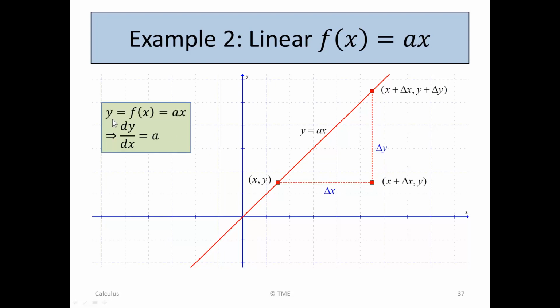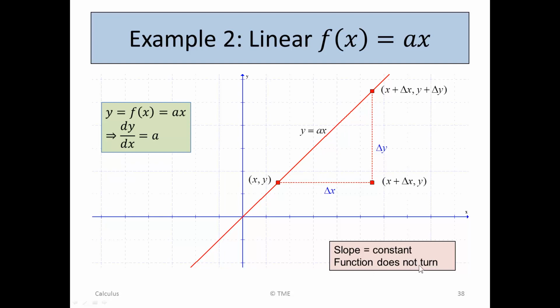If we were doing this with the general rule, we would say y is equal to f(x) is ax, dy/dx of ax, we would just say leave the a and eliminate the term in x. So in this case the slope is constant. dy/dx is a, that slope is always constant. For every step we move out, we're climbing at the same rate all the time.